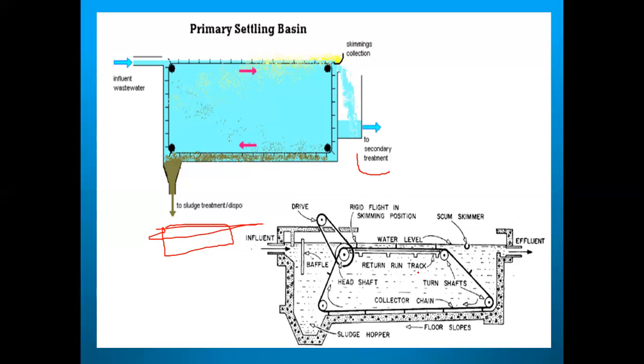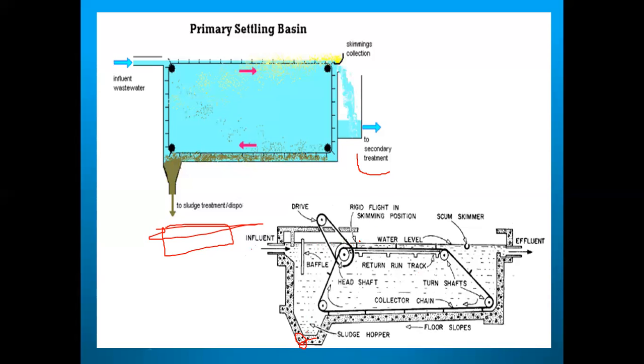Here we move the water with some sort of action, some sort of velocity. Whatever solid particles, whatever hard particles are present inside the wastewater will settle at this point as sludge, and it comes outside.